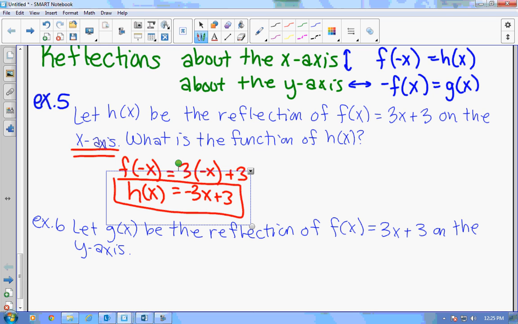Same question, what is the function of g of x? If you reflect around the y-axis, everything has to change signs. So it's no longer f, it's going to be negative f of x.